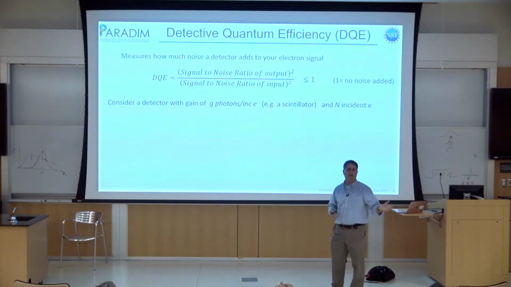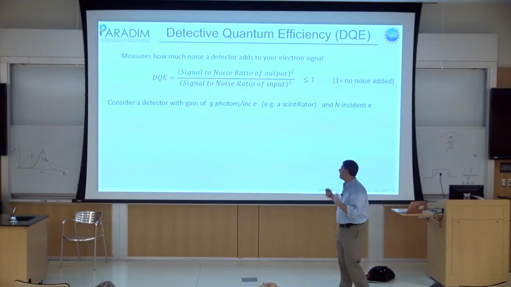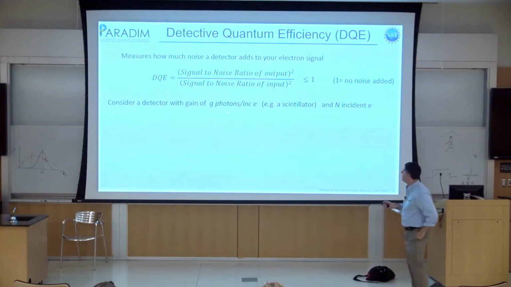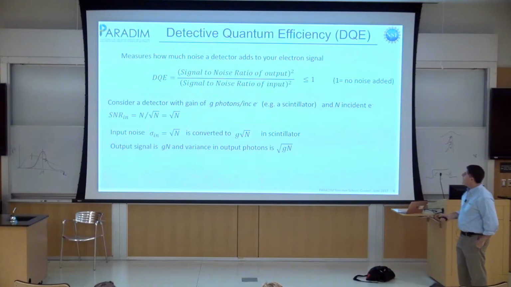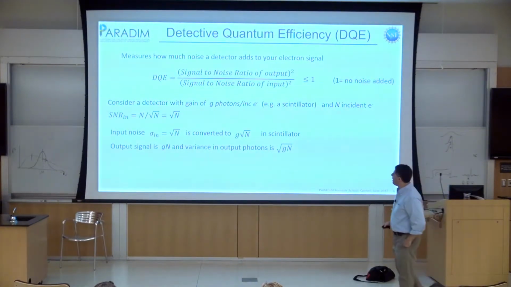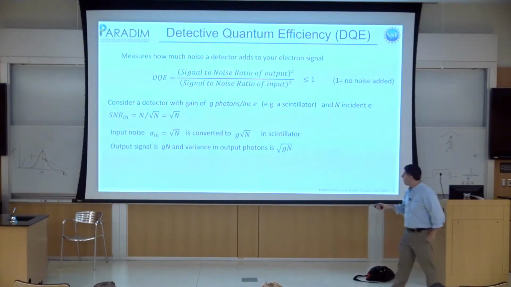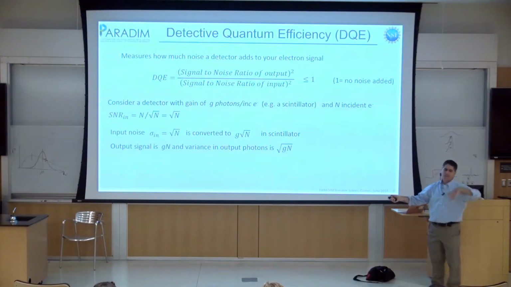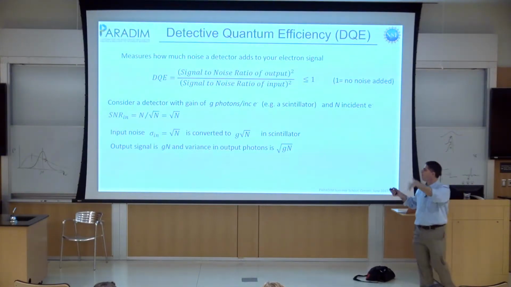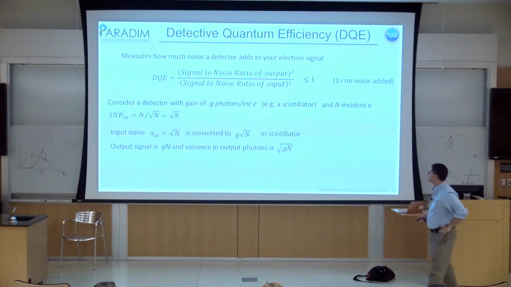And my detector, the CCD camera, can detect a single photon. So it detects 30 things. So it has a gain of 30 in terms of quanta. If I had n incident electrons, my incident signal-to-noise ratio is square root of n. My input noise was square root of n. That fluctuation is converted to square root of n times the gain, because those n electrons, the square root of n fluctuation, got turned into square root of n times g photons.